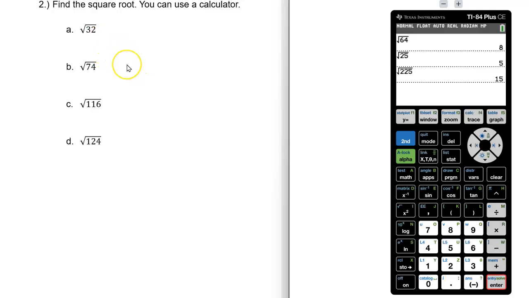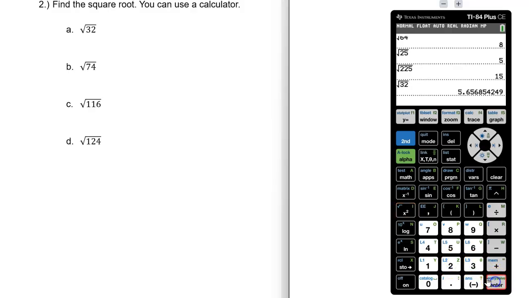So square root of 32. I have my second button, my x squared button. I enter 32 and then enter. And that's a nice long number. So we know because we are going to be rounding, right, that it's no longer an exact answer.